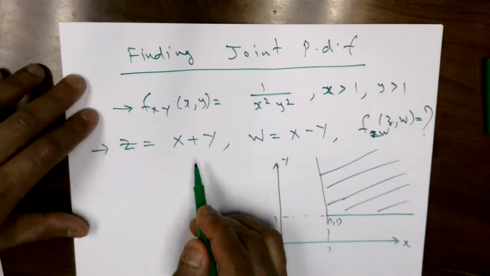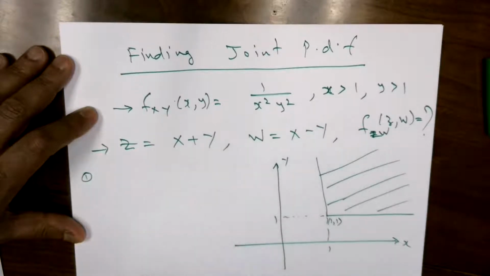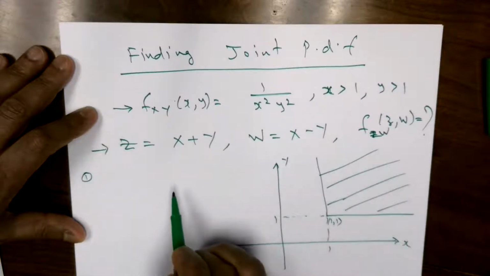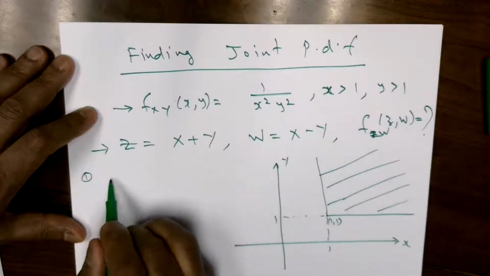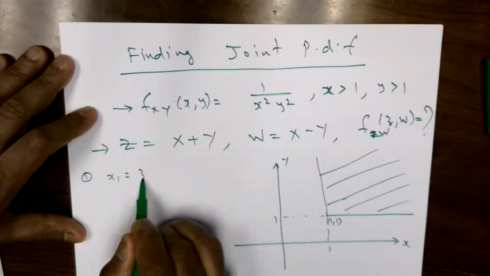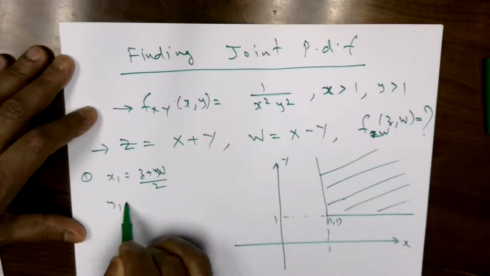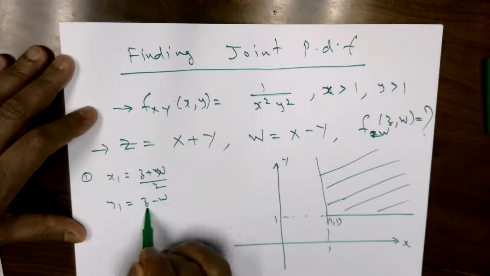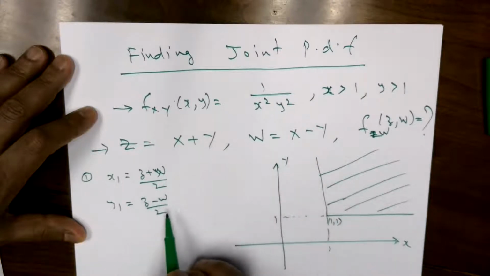First, we solve for the roots and see what the region is where the new density function will be valid. So from here, these are two linear functions. If you solve for x1, we can do it mentally. That's z plus w by 2, and y1 is z minus w by 2. So that's easy, the solutions from here and here.